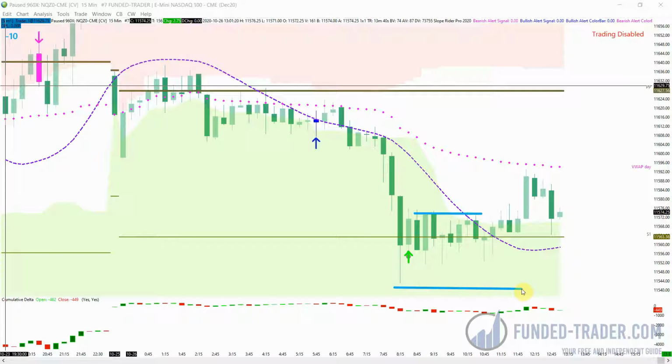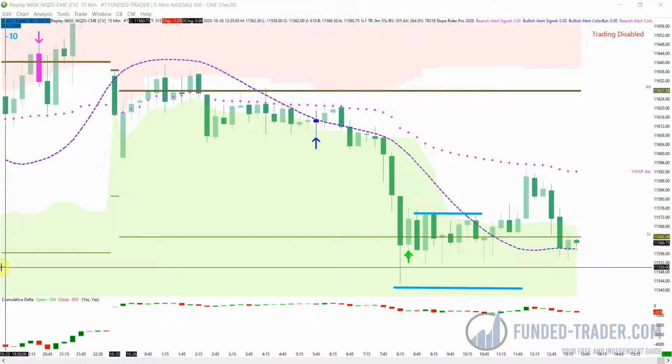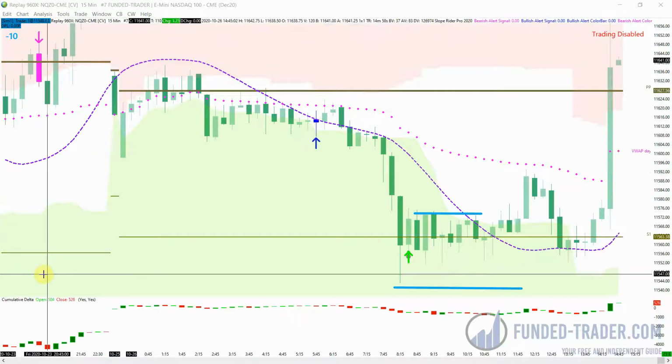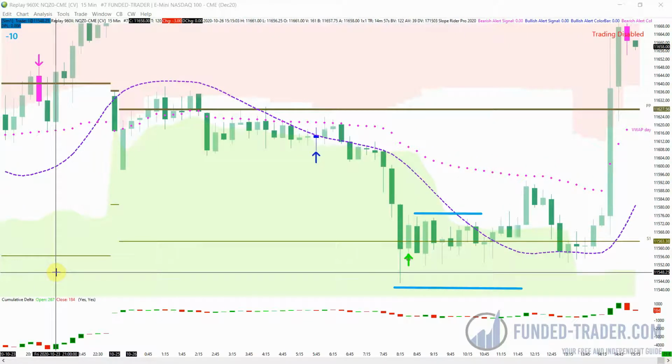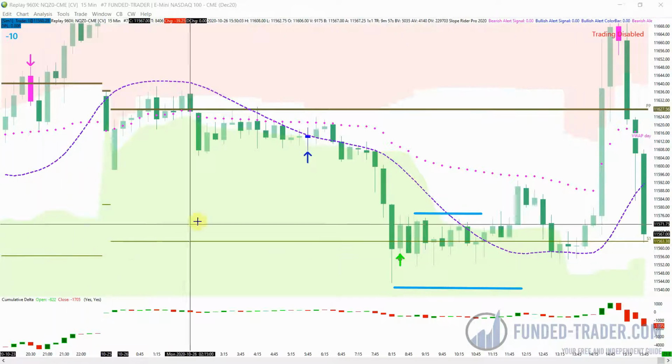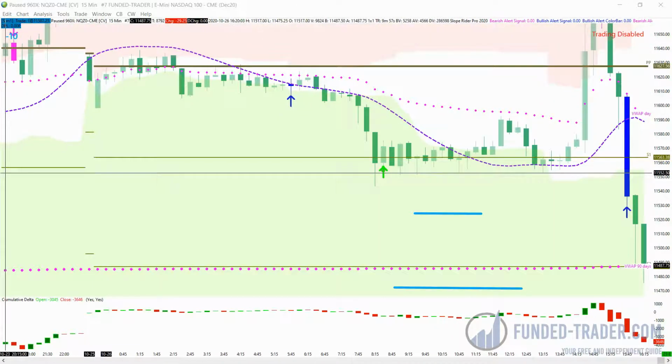Okay, if you want to take this trade, perhaps the stop loss down here. That's 30 points risk. So I would have probably entered long there. Whoa, okay, so stop this, too fast.